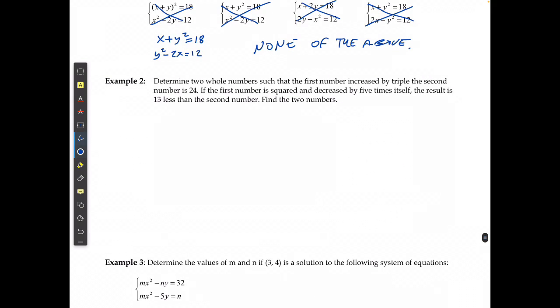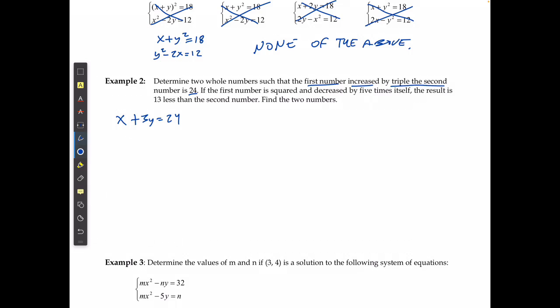For the second example, two whole numbers such that the first number is increased by triple the second number, and that's going to give me 24. Well, I'm going to call my first number x and my second number y. So I'm going to say x plus 3y is equal to 24.